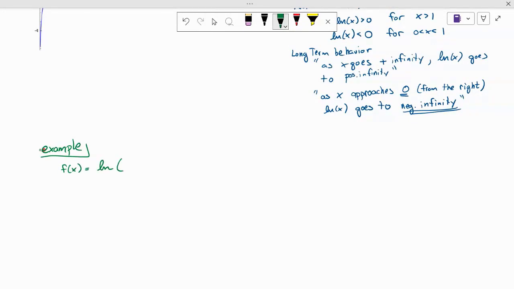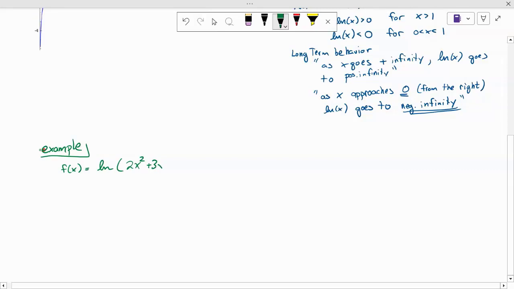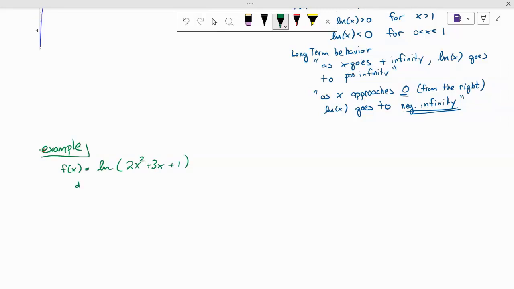So here our function is the natural log of 2x squared plus 3x plus 1. And we want to know the standard stuff. What's the domain? So where is the function defined? Which, of course, is the same thing as asking where it's not defined.